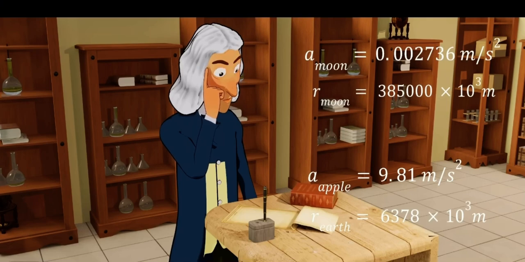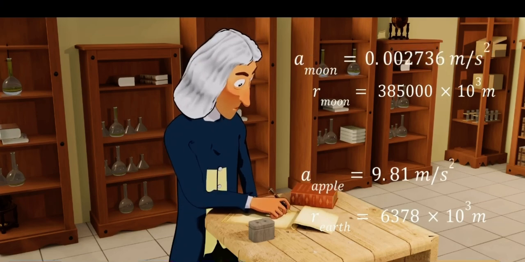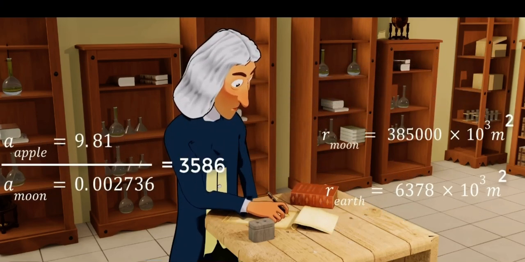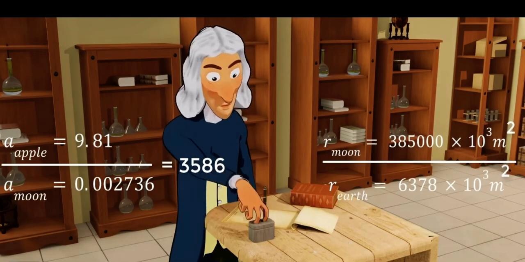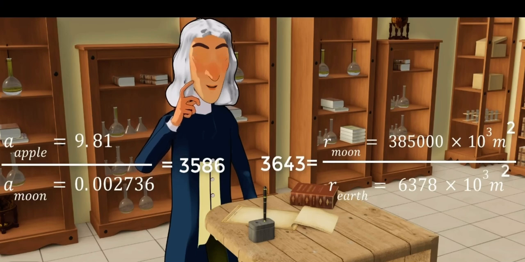Anyway, Newton was able to find out a definite connection between these four numbers. Divide the acceleration values. Now, take the square of the distances and divide. Surprise! The resultant values are very close. This means the gravitational force is inversely proportional to the square of the distance between the center of the objects.